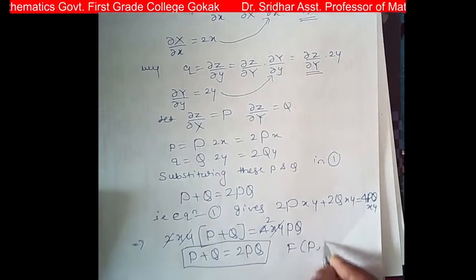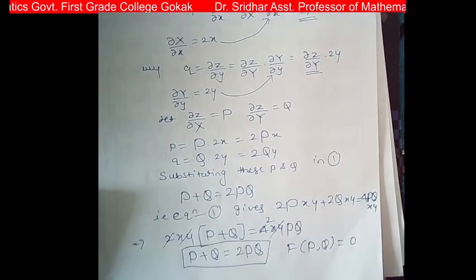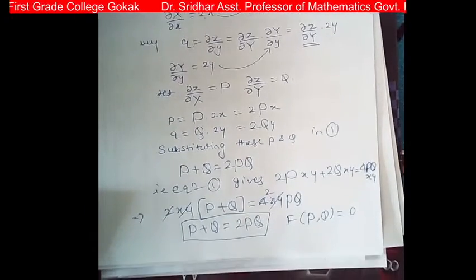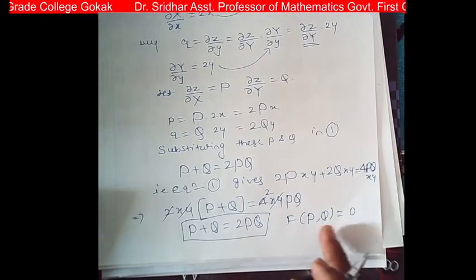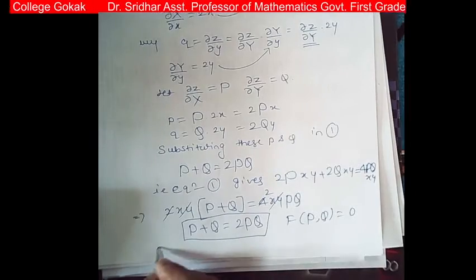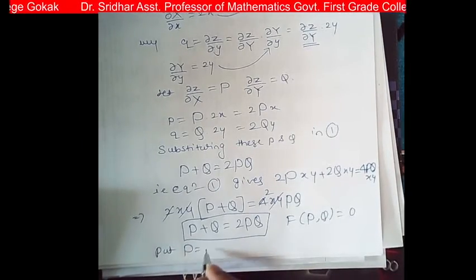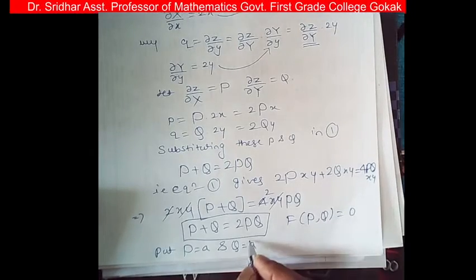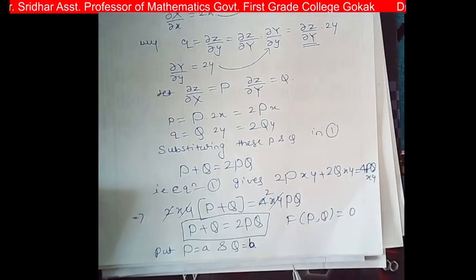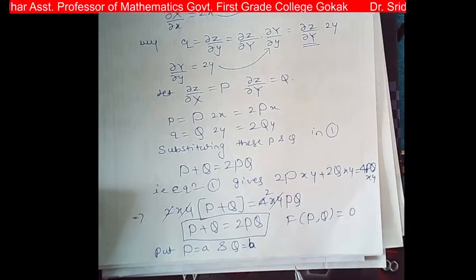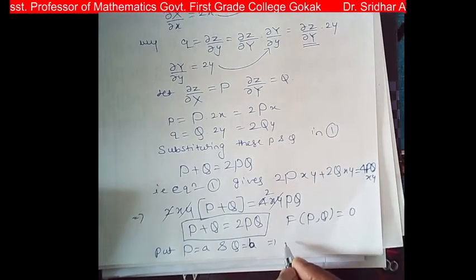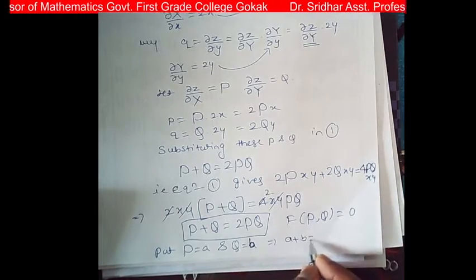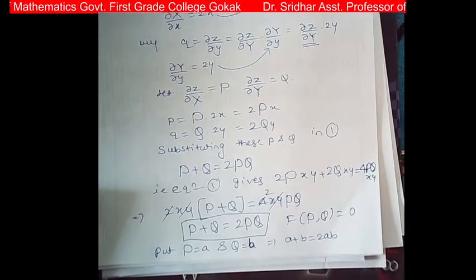So now this is of the form f of pq is equal to 0. That is the first form. Correct? So now what we do? We apply the method of this equation, that is, put capital P is equal to A and capital Q is equal to B. So in that case, here we substitute A plus B is equal to 2AB.